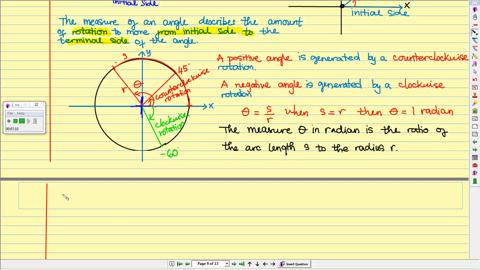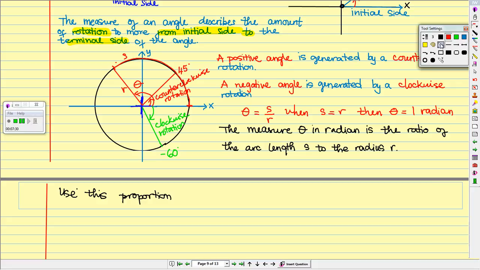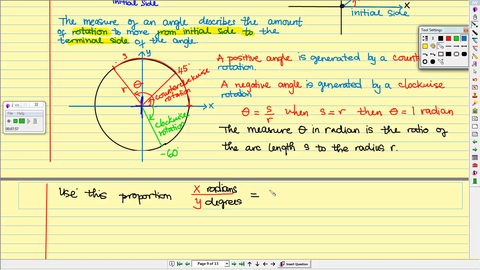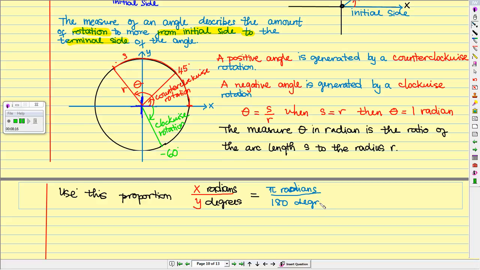I want you to use this proportion: x radians over y degrees equals pi radians over 180 degrees.